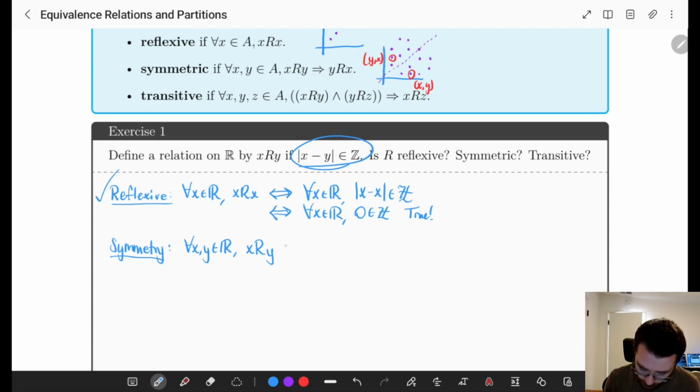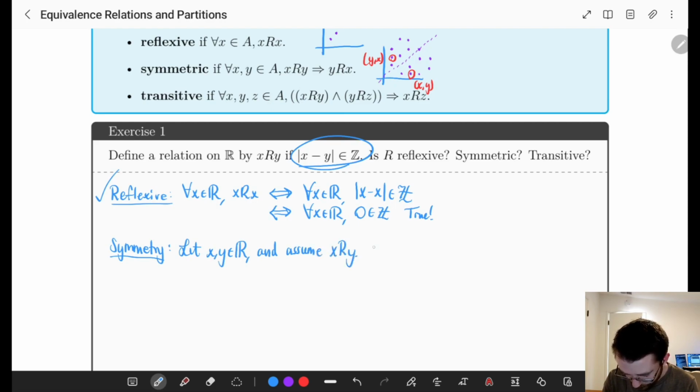What does that mean? Actually, you know what? I'm not going to do the formal logic. I'm going to write out all of this in words. So let x and y be real numbers, and suppose x is related to y. That is, we have the definition of x being related to y right here: the absolute value of x minus y is an integer.